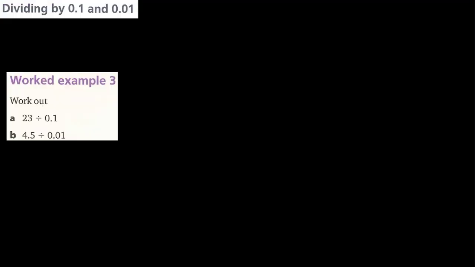Okay, let's continue here. We need to remember the same thing here: 0.1 is equal to 1 over 10, and 0.01 is equal to 1 over 100. So when you divide by 0.1, this is the division of an integer by a fraction rule.